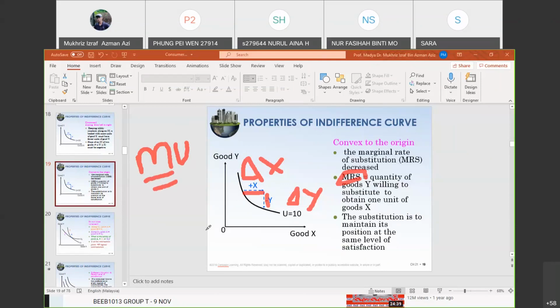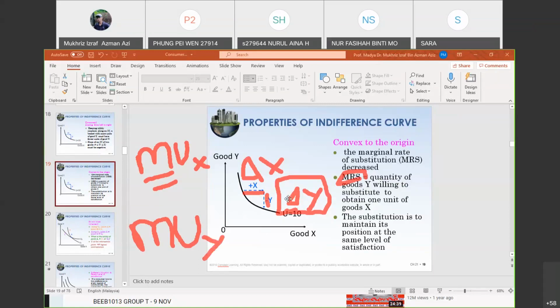But because we are talking about a utility curve, we put MU, marginal utility of X, subscript X. This part here, change in Y, we call marginal utility of Y.